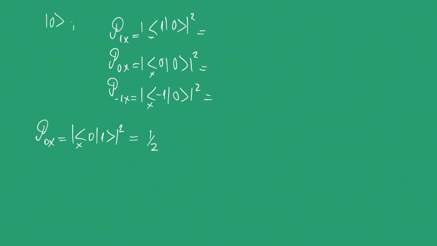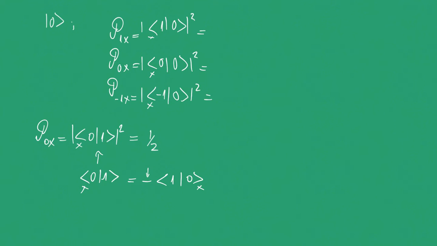Mathematically speaking, we know that if we have this inner product, the same inner product we have here, it equals minus bra minus 1 ket 0 subscript x. But in this case, this inner product is inside this modulus squared, which doesn't matter if you have this minus sign here or not.